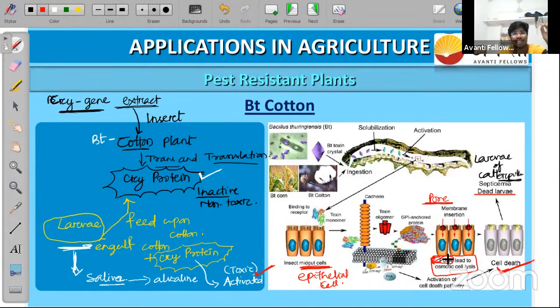This is how the BT cotton plant is prepared so that it can protect itself from other insects without any fertilizer, insecticide, or pesticide.